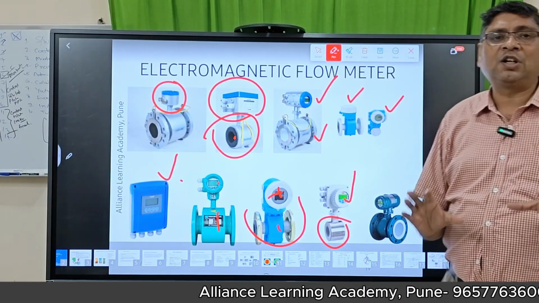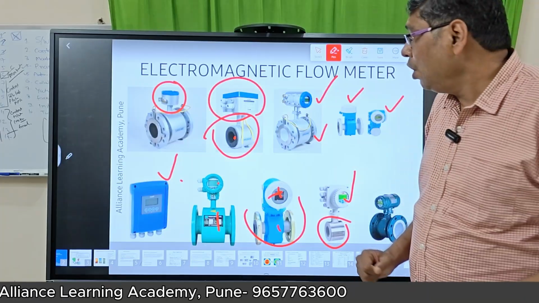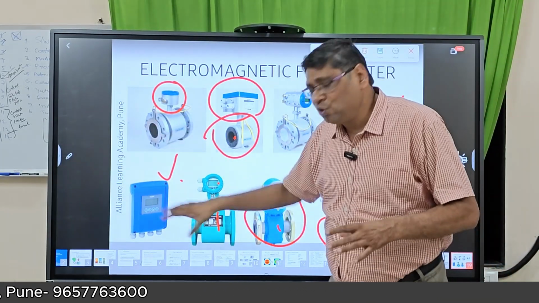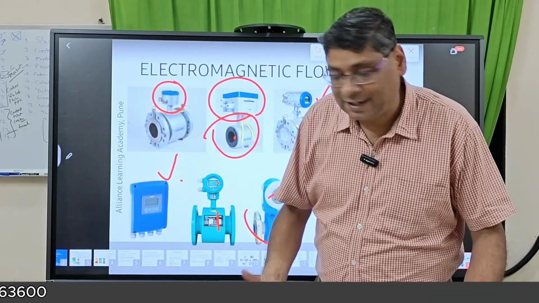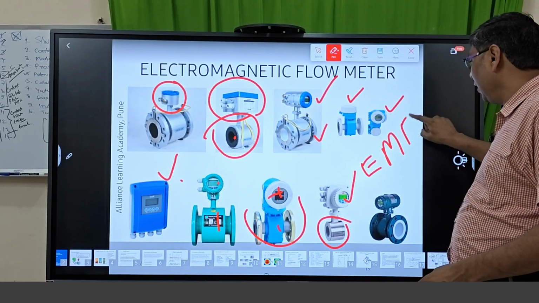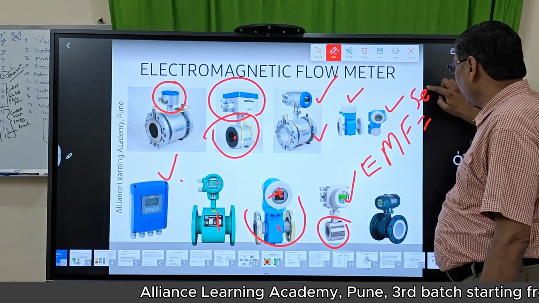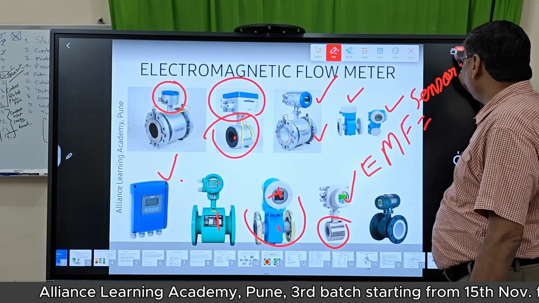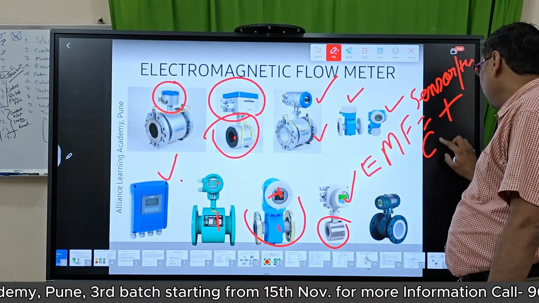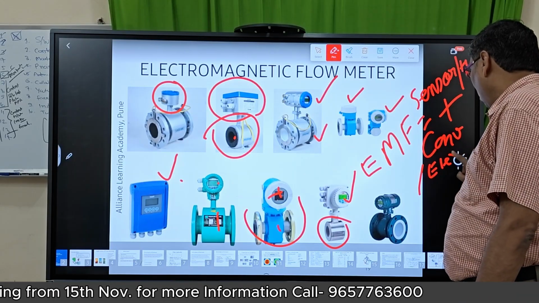First of all, we will try to understand: if someone asks what is an electromagnetic flow meter. If you see this and you say it is a flow meter, it's wrong. If you see this and you say it's an electromagnetic flow meter, it is wrong. Then what is right? If I am saying EMF, electromagnetic flow meter, it means this part, the sensor part or head, plus your converter, electronics or display.